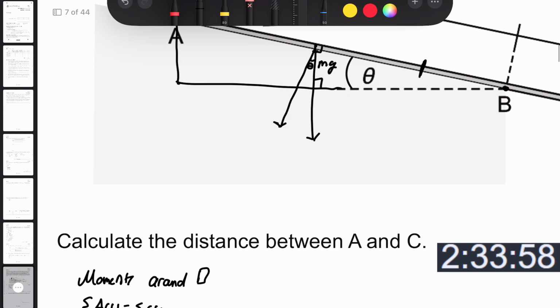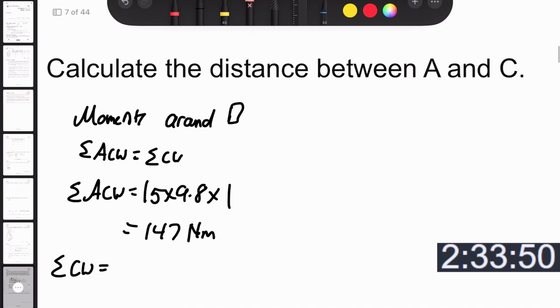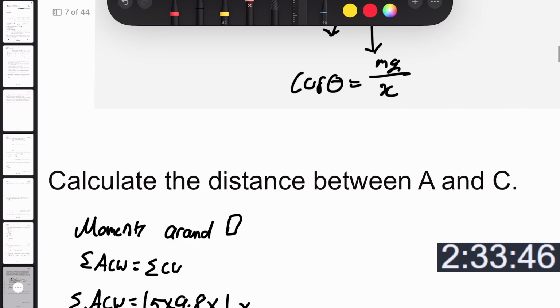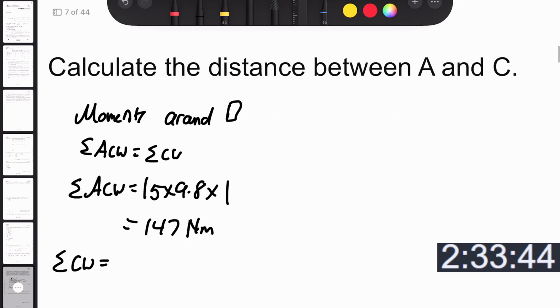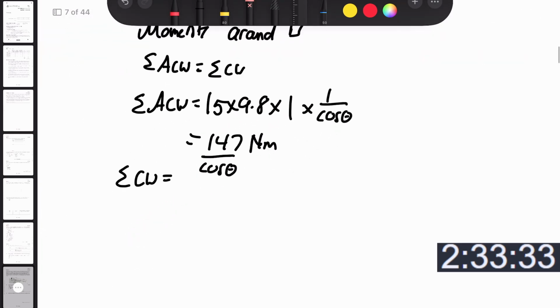So it's mg cosine of theta equals mg to the x times, so this is actually 1 cosine of theta, and then I assume it would be similar over there.